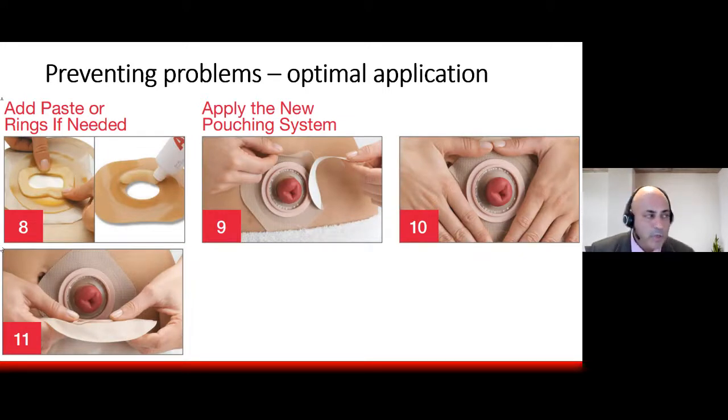Some people will use different material to fill in uneven areas or creases around the ostomy. In this case, people will commonly use paste, barrier rings, or different products to fill in uneven areas of the skin.